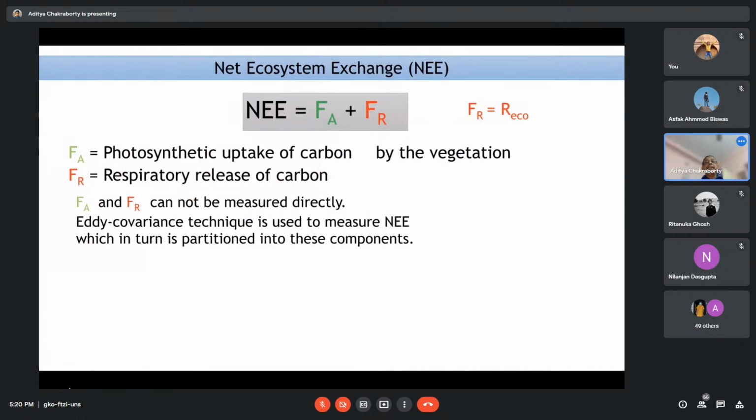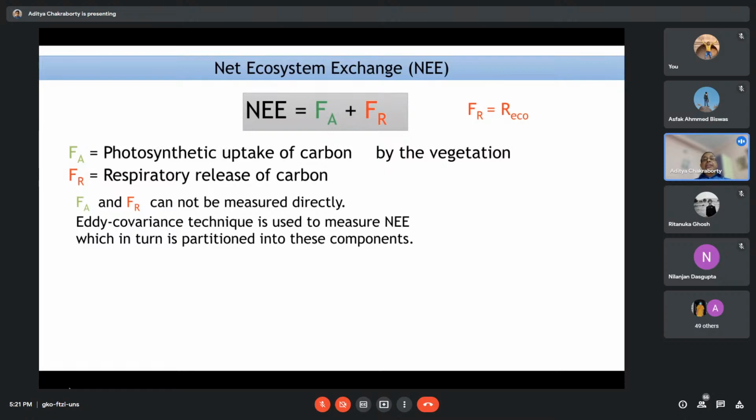Here NEE is expressed in the simple form FA plus FR. FA means the photosynthetic assimilation of carbon, which is shown in green color, and FR is the total ecosystem respiration, which is shown in red color. Unfortunately, FA and FR cannot be measured directly.